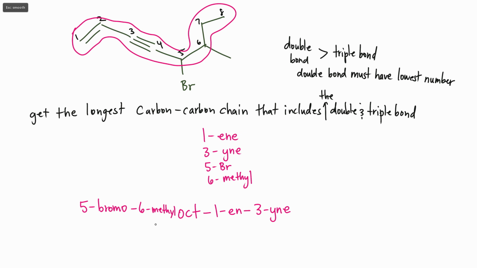All right. Now, we could write this as, let's say, 5-bromo-6-methyl-1-octene.